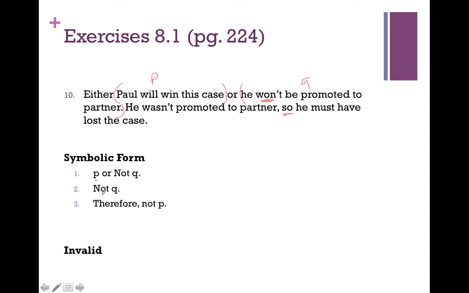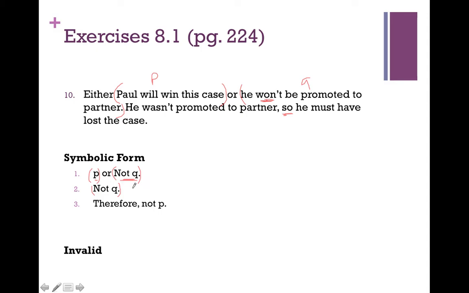And you might be thinking, wait, I thought you said you could deny one of the disjuncts and then have a valid argument. Well, here you have to think about what the disjuncts are. The first disjunct is P, and the second one is not Q. And if you write not Q here again, you're actually not denying that disjunct. You're saying this disjunct is true. You're saying not Q is true.